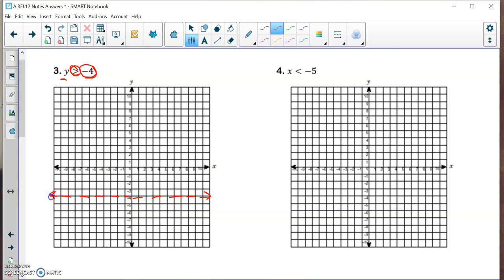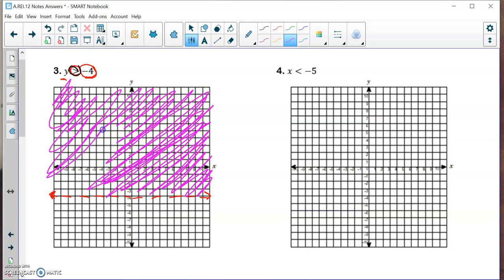You can either test a point, or since it's a greater than symbol, that means that your solution lies above this dotted line. So we shade above.